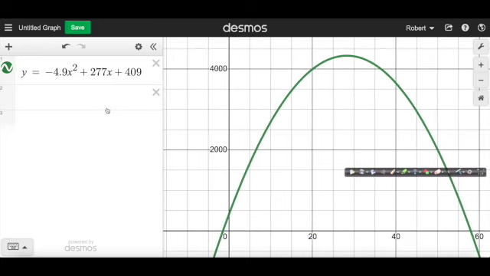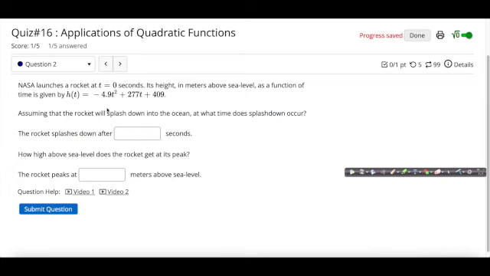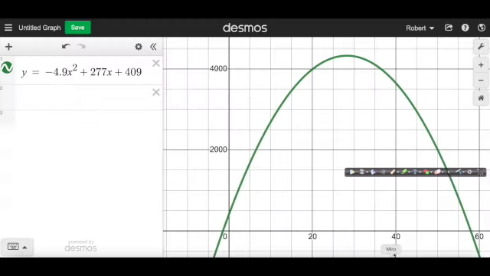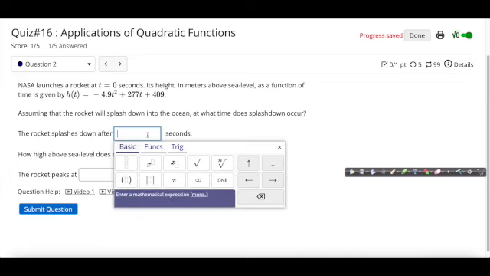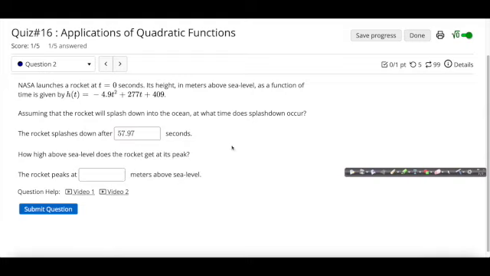It's probably going to ask us when it touches the ground or goes into the sea, and it does. It splashes down right away. The rocket splashes down when we have the y equaling 0, or in this case it's going to be 0 at 57.97 seconds. I'm going to write exactly that, and it may give you a hiccup with the decimal places, but that's going to be correct.